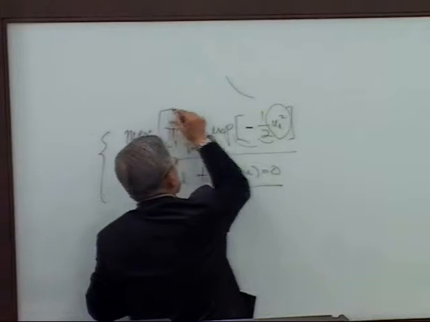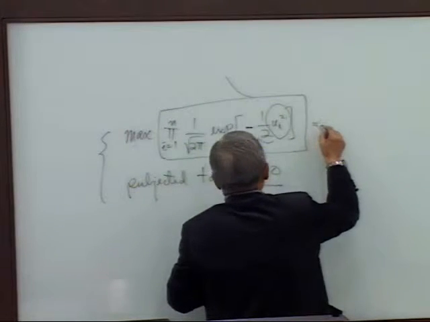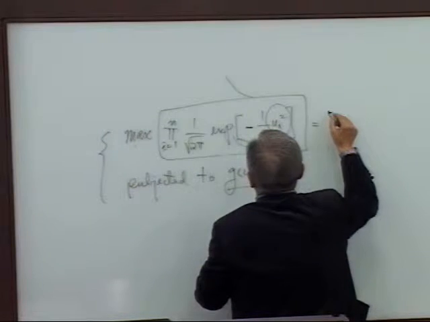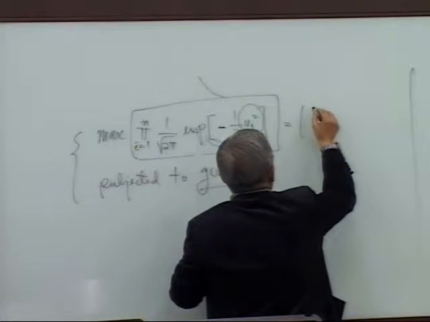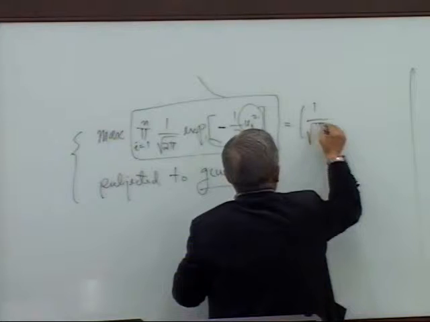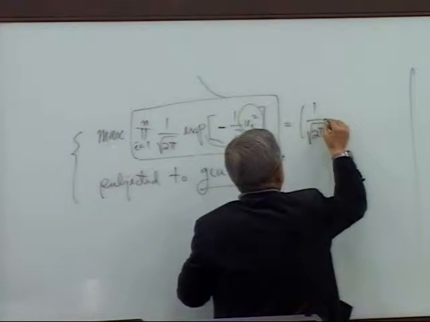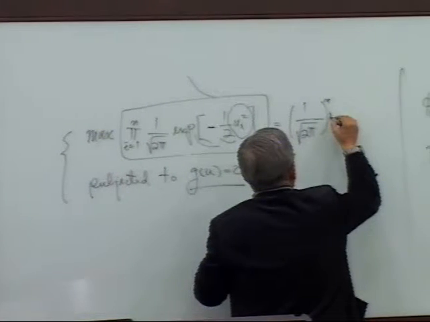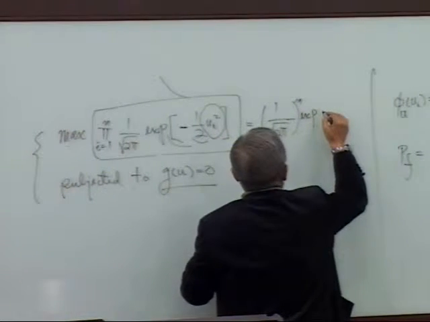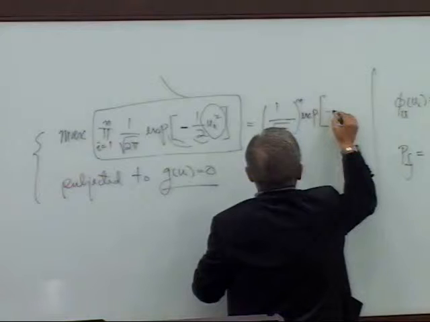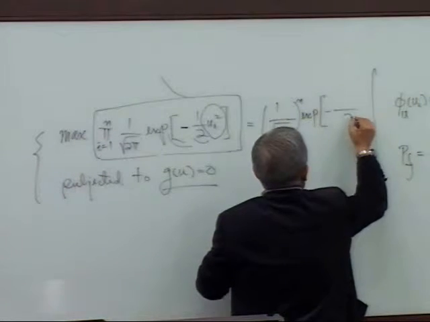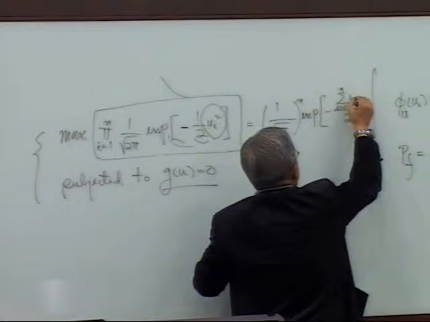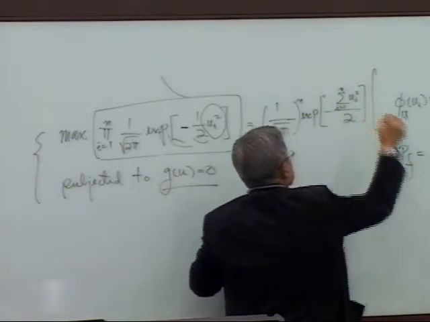So this portion is now what we did, rewrite 1 over 2 pi n power exponential minus half, as I wrote down there, ui squared.